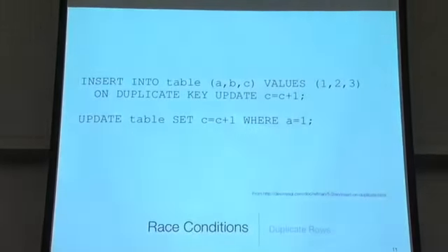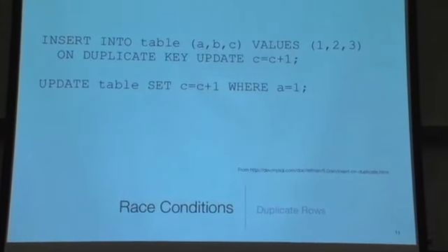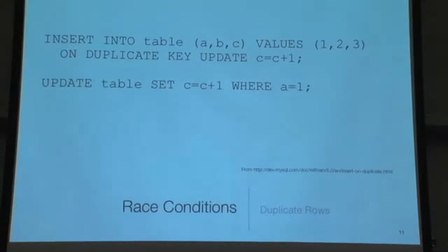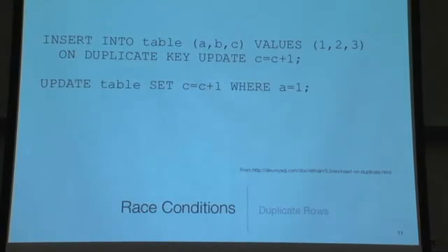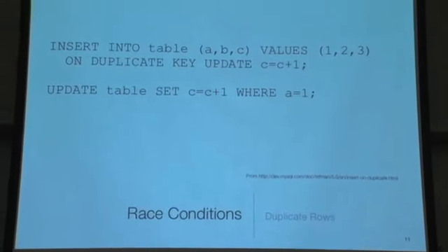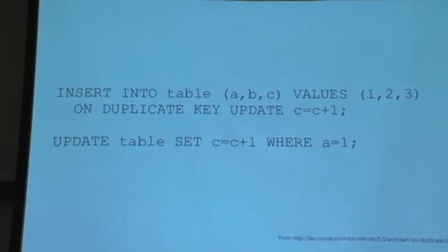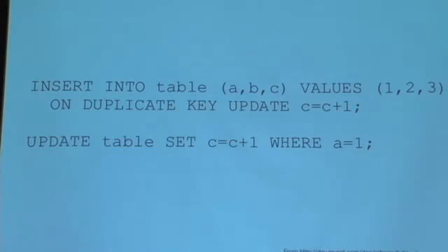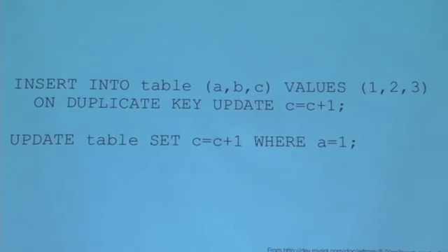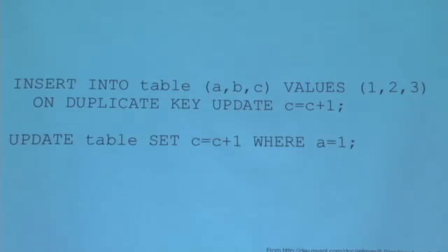And in fact, this can happen if you have a MySQL database as well. What happens if you're going to perform an insert and that primary key that you're trying to insert already exists? So let's take a look at this statement up top, for example. What we're trying to do is insert into a table the values 1, 2, and 3 into the fields A, B, and C. Now, if I had just this by itself, and let's just say that for a second that this field A is a primary key, so that it can only be unique.